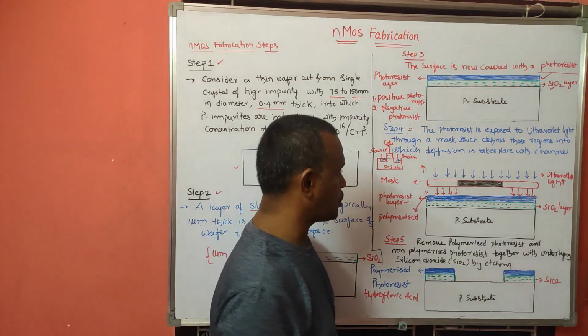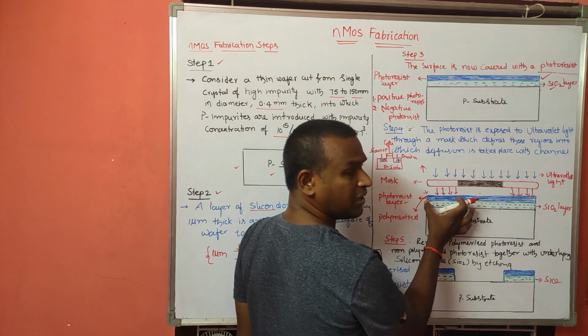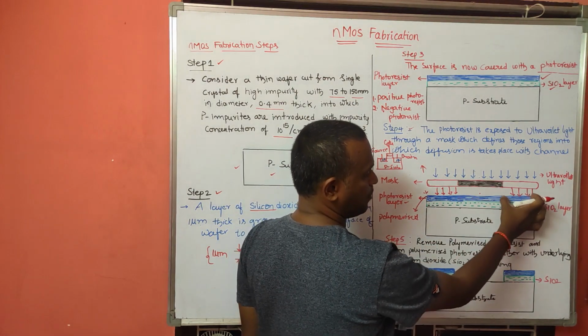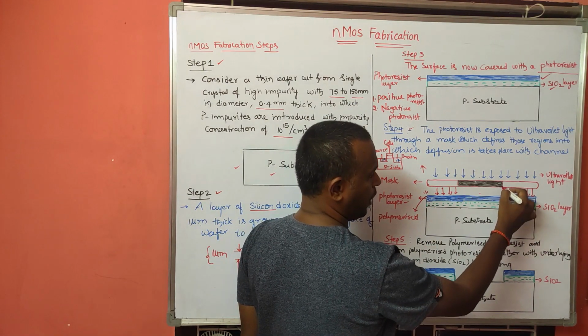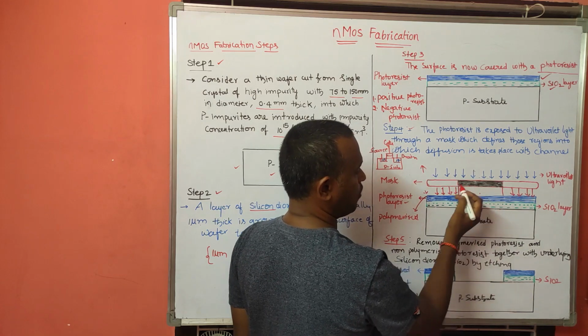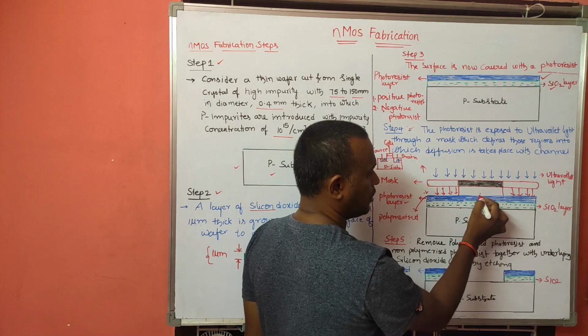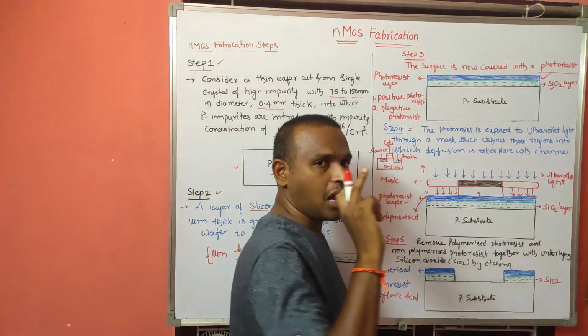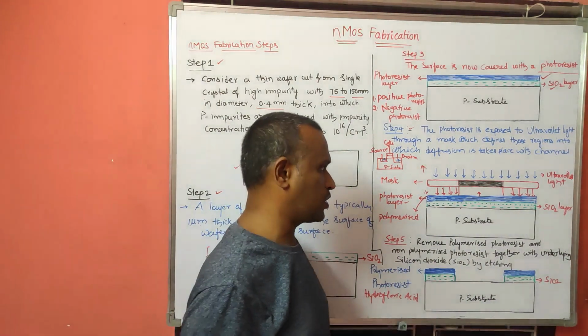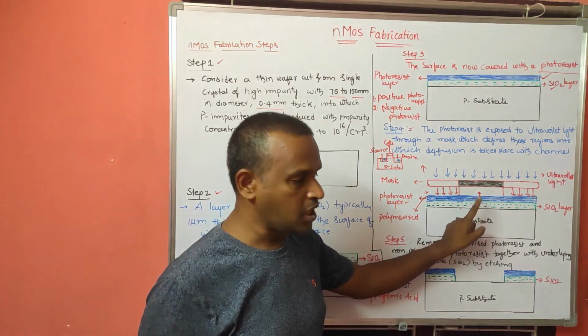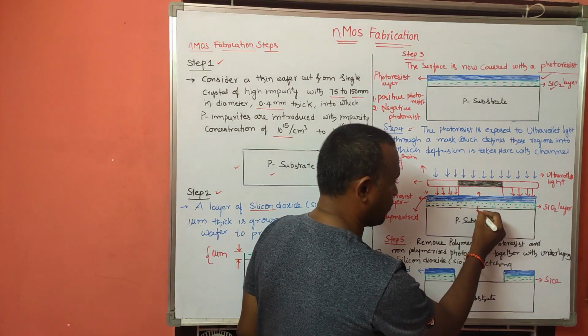If you observe, this material will become hard up to this point, and the remaining material here is the unpolymerized photoresist. Under it what do we have? SiO2.